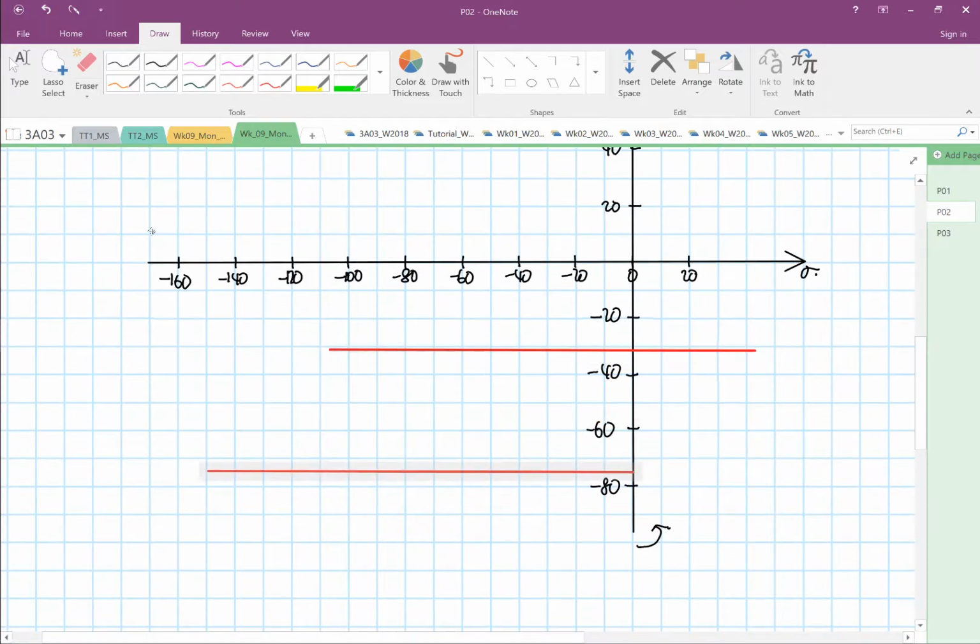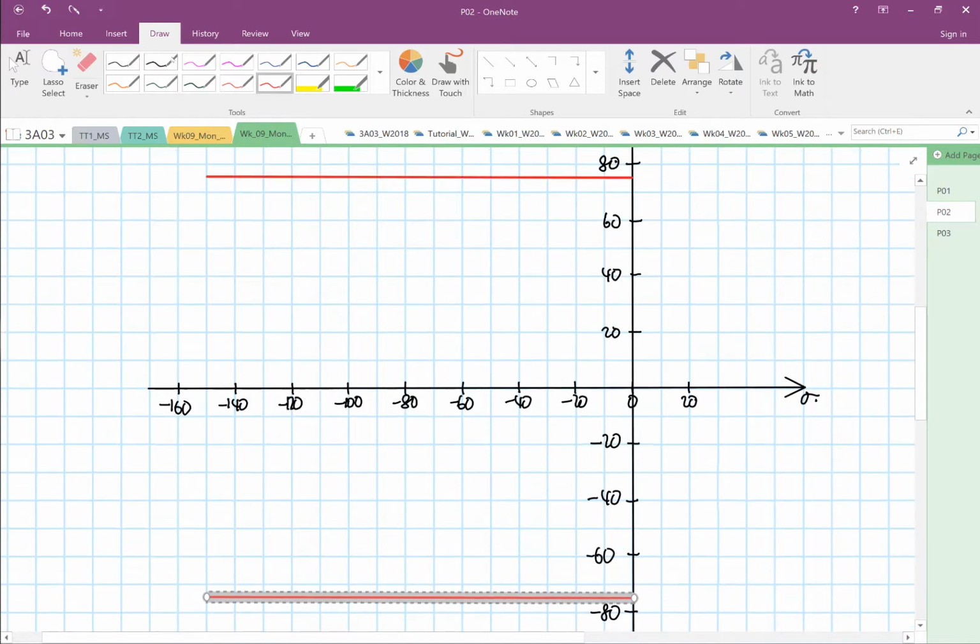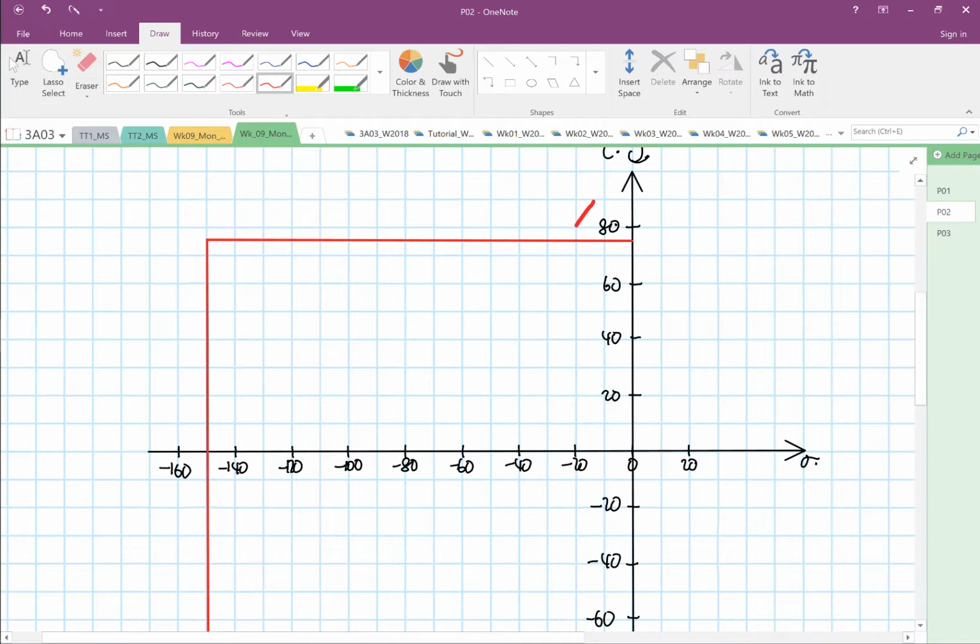There's also your 75, and then you have your 150. And then the rest is a no-go zone. So the position of the Mohr circle cannot be out here.